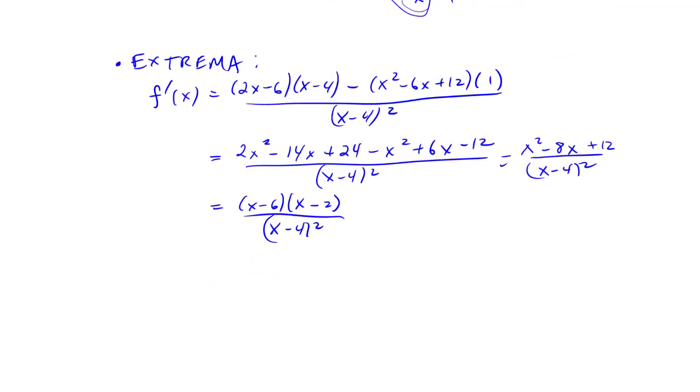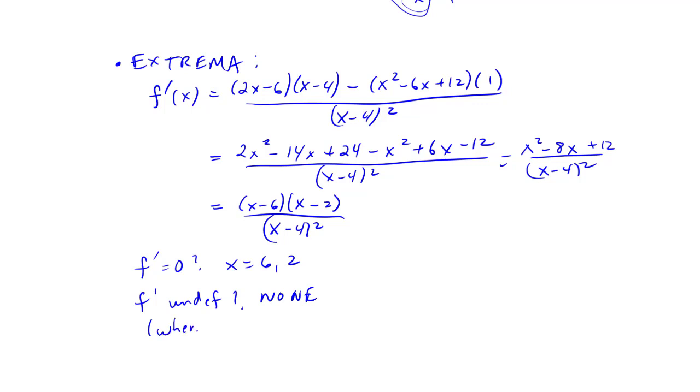So what we see is that we're looking for f prime equals 0 or f prime undefined when f is defined. So f prime equal to 0, obviously 6 and 2. Now f prime is undefined at 4, but the original function was undefined at 4, so none there.